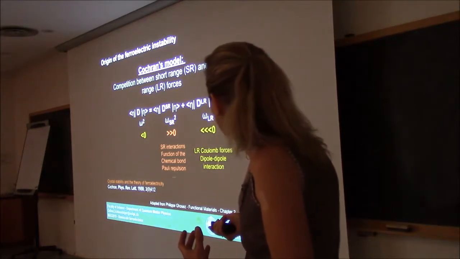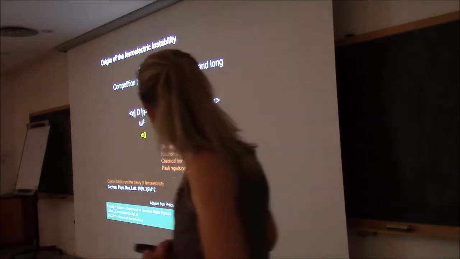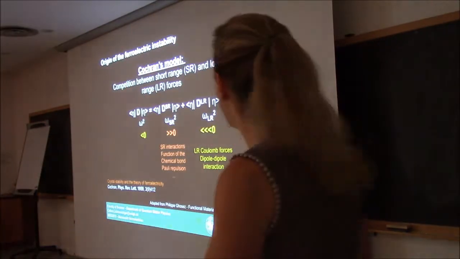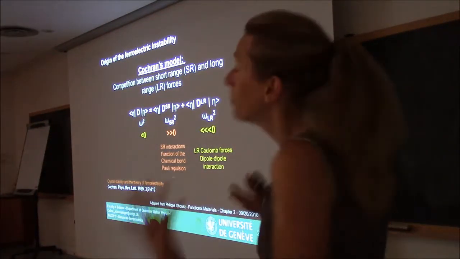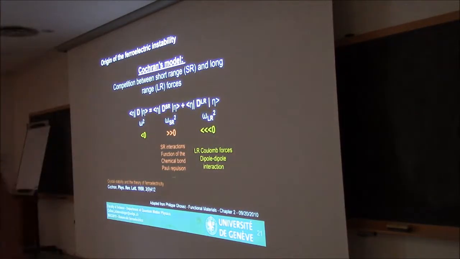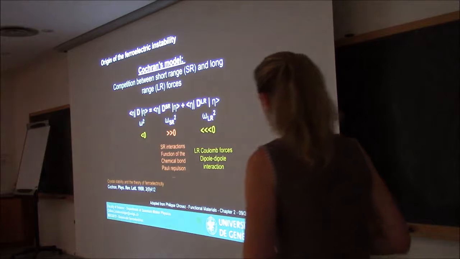where he was explaining the theory of ferroelectricity, and the idea of Cochran was to say that, okay, you have competition between a lot of different terms, so this is always true in whatever you are doing in physics. You will have to consider the competition between the short-range and long-range forces. So the short-range interactions come from the chemical bond interaction, Pauli repulsion, and so on.